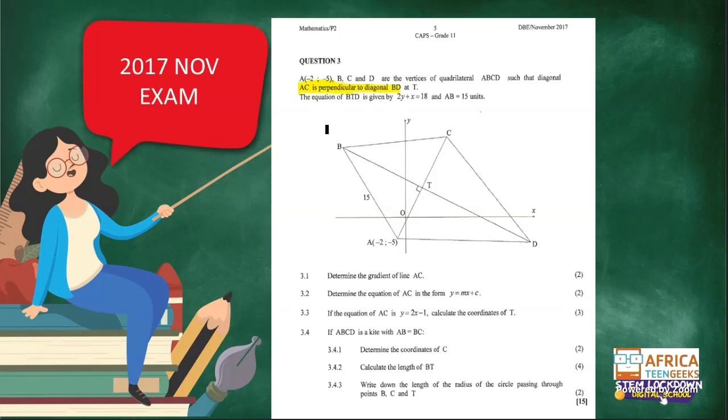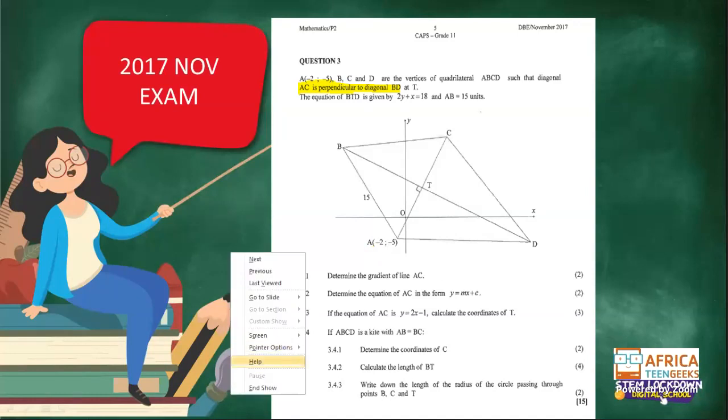And then we also noticed that if we are asked to determine the gradient of a line and we only have 1 point, it's possible if we have a relationship.